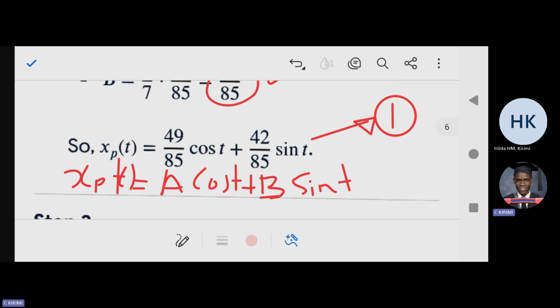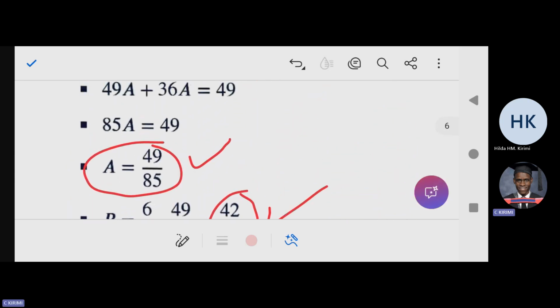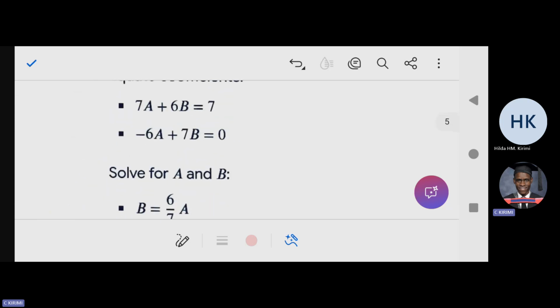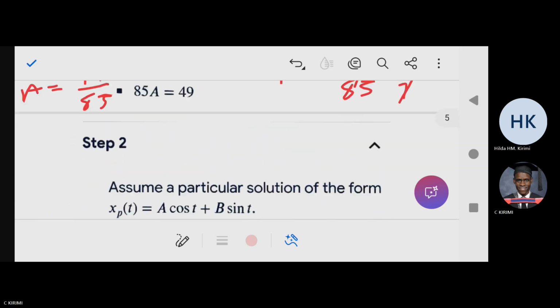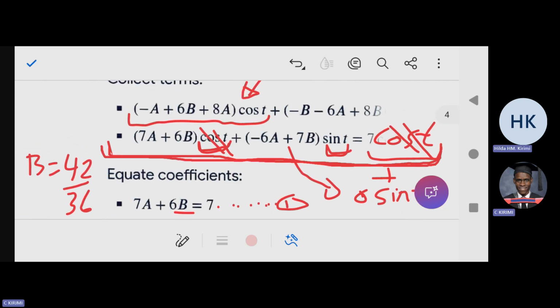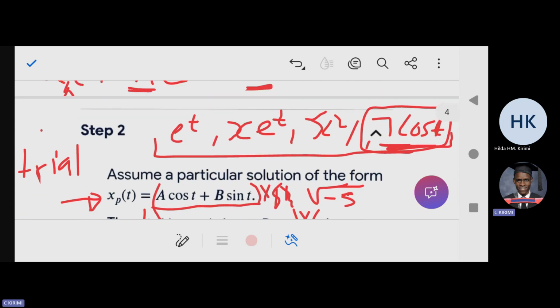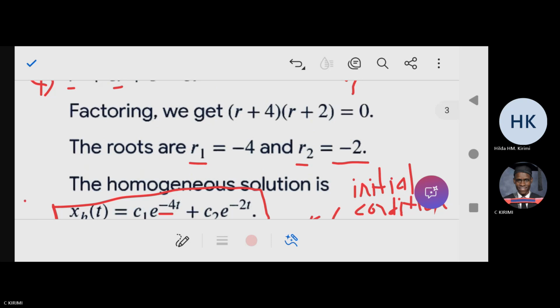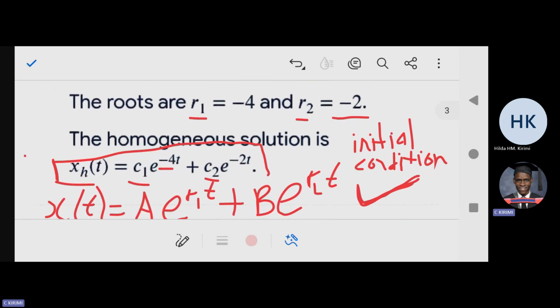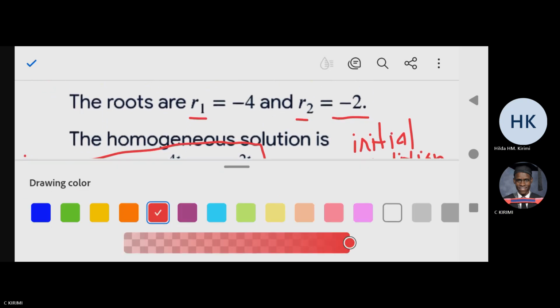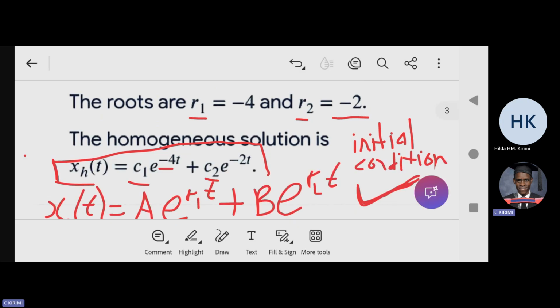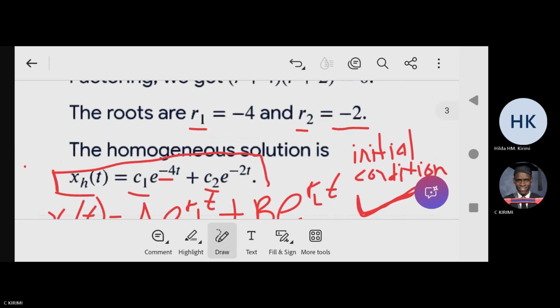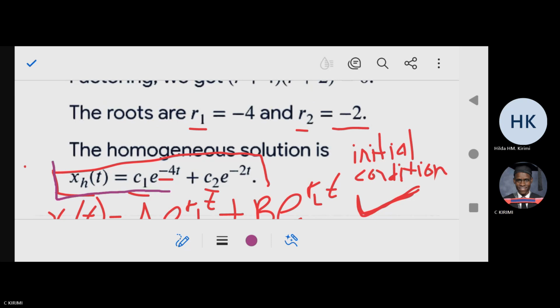Then we have our general solution, our homogeneous solution, which we calculated using the quadratic roots. This one, the homogeneous. We calculated this one as well. Don't forget, we calculated this one when we were equating the quadratic roots, this one. And equated there. All right.